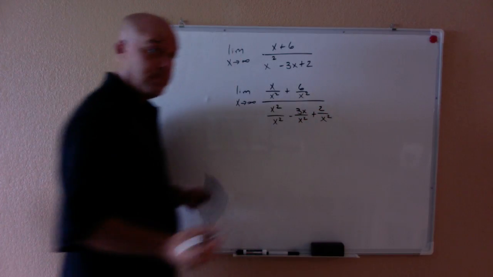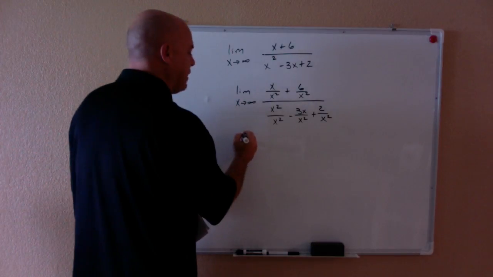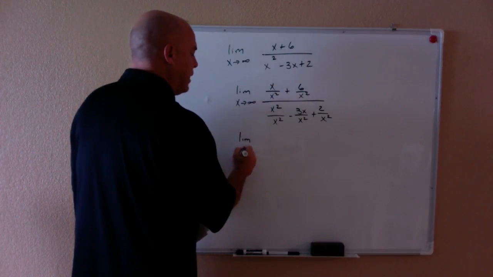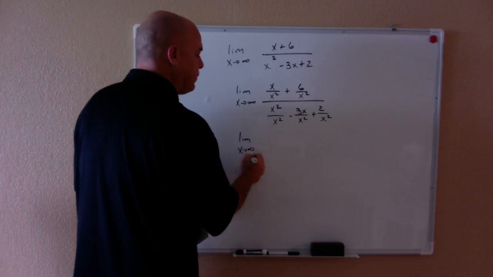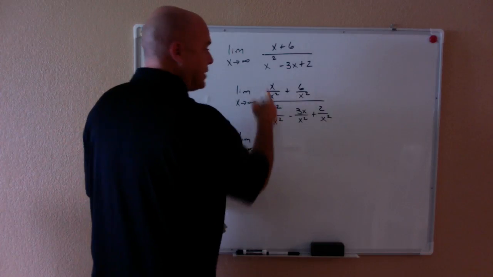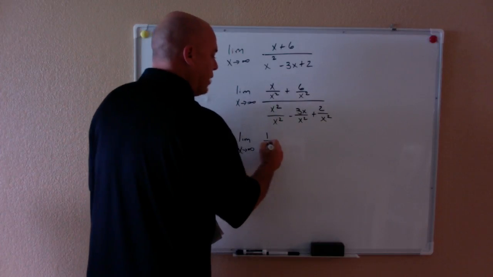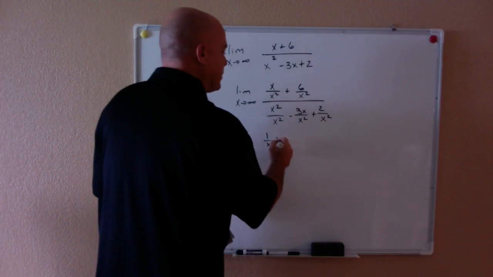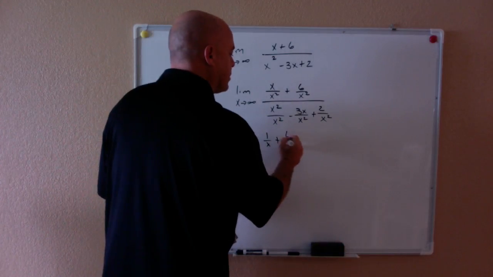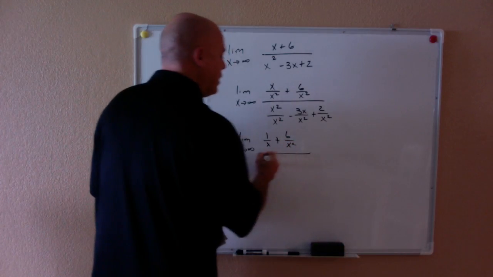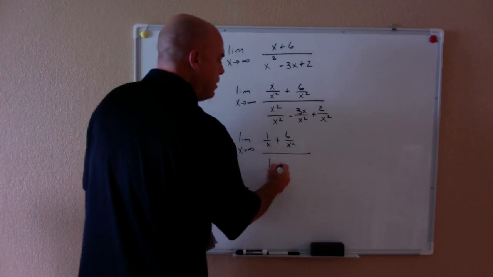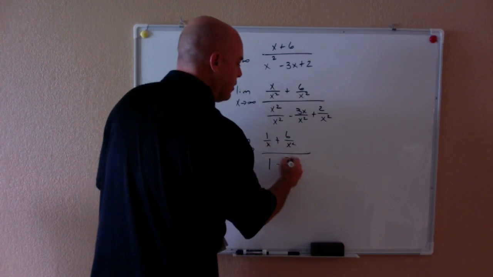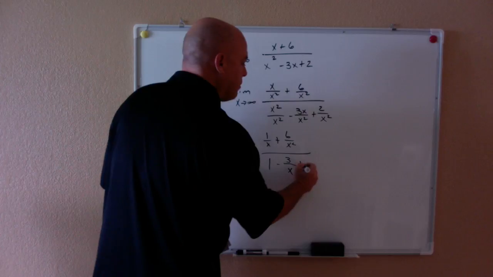And again, I'm going to simplify this function as much as I can. So I'll have the limit as x tends to infinity of, let's see, x over x squared is going to give me 1 over x plus 6 over x squared, divided by 1 minus 3 over x plus 2 over x squared.